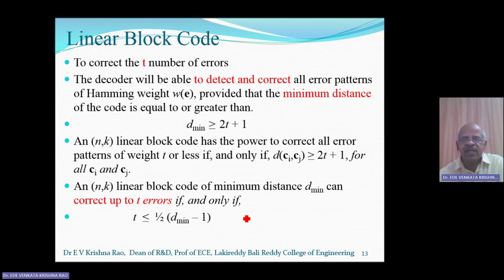If d minimum is 3, that is, if three ones are there in the code word, then 3 minus 1 is 2, divided by 2 is 1 bit. So in that code word, only 1 bit can be corrected.